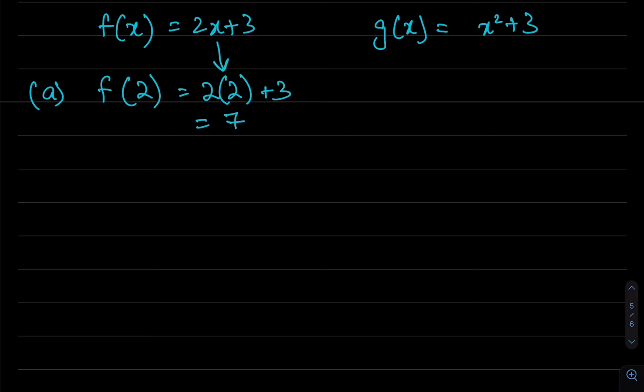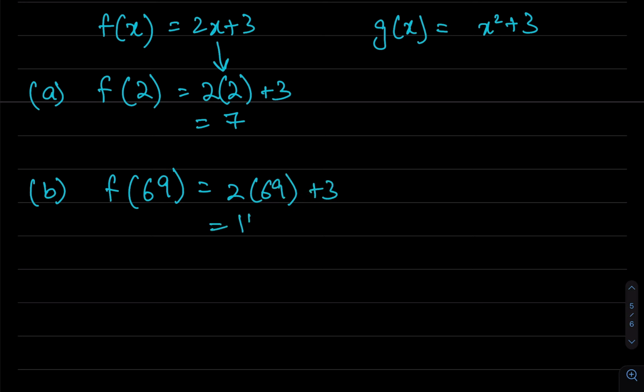That's it. Now let's input another number. Let's input the number 69. So 2 times 69, what's that equal to? 138 plus 3 is 141. Okay, so that's how we input different numbers.